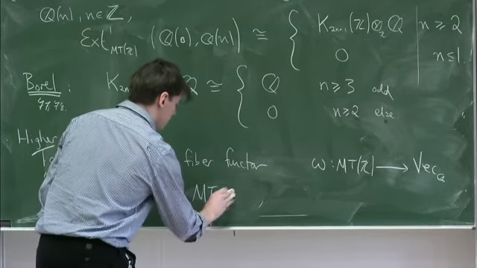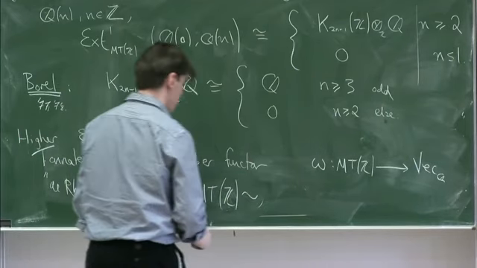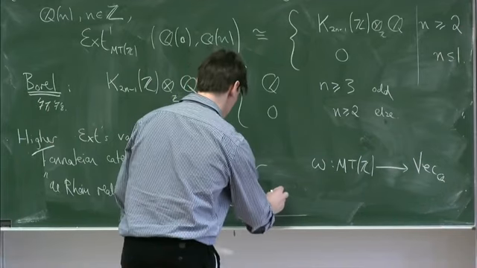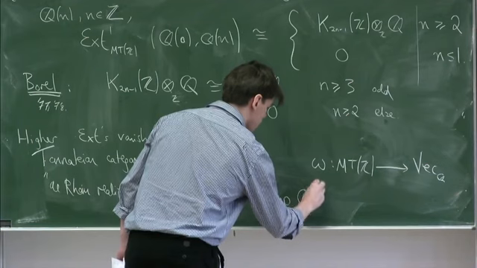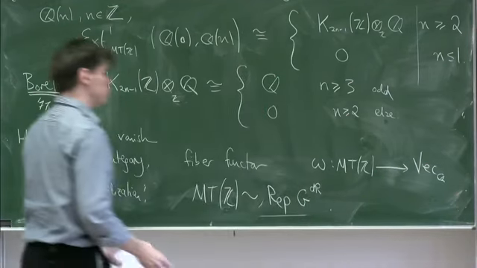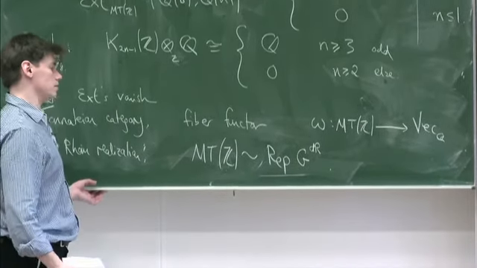So MT, by the main Tannakian theorem, MT of Z is equivalent to the category of representations of some group, G_dR. G_dR is the automorphisms of the fiber functor omega.